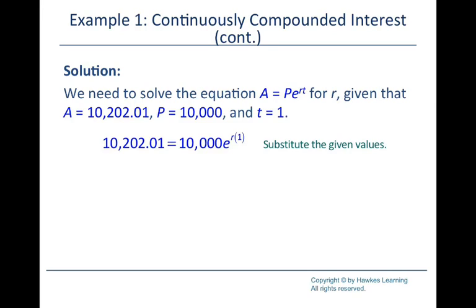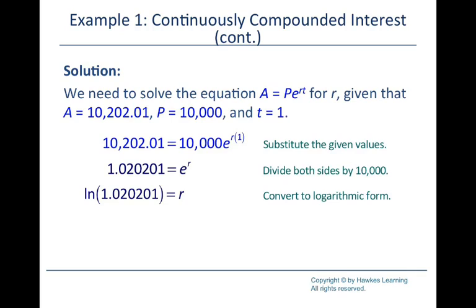But let's first divide the 10,000 into the 10,202, and we're going to get 1.020221 equals e to the r. Now we're going to take the natural log of both sides. The reason it just goes to r, for a little explanation: we've got r times natural log of e, but the natural log base e of e to the first is equal to 1.